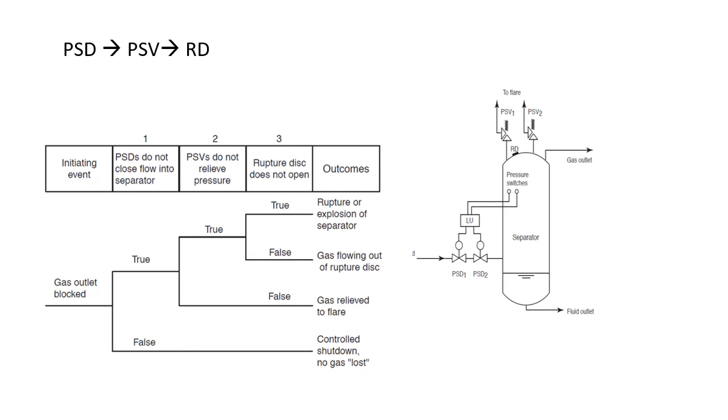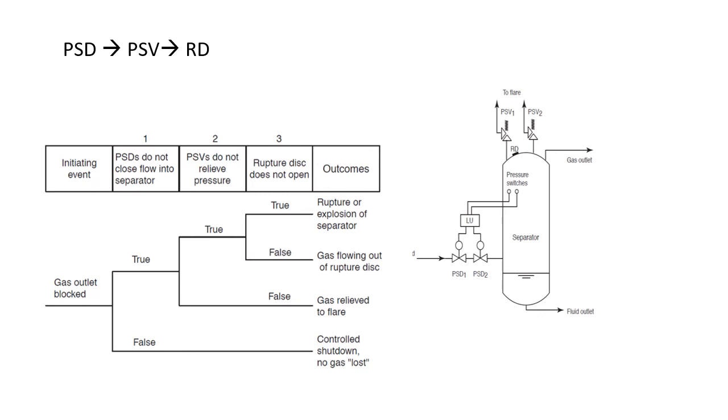Now there you have another barrier, that is the PSV. The PSV should pop when the pressure goes above its set pressure to relieve the pressure. Now in this case, two situations may happen. The PSV can pop or the PSV does not pop. If the PSV pops, what will happen? Gas will be released through the flare.